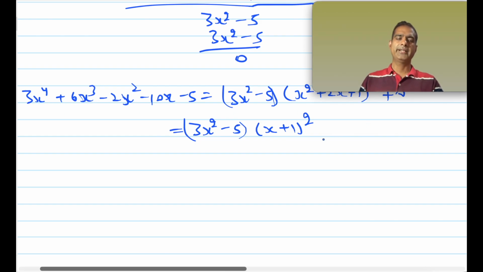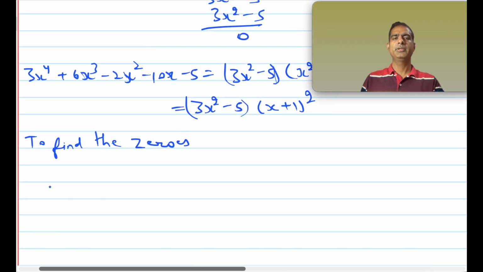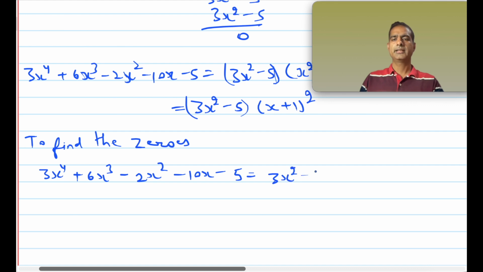And if I have to find out its zeros, we have to equate it to 0. So 3x to the power 4 plus 6x cube minus 2x square minus 10x minus 5 will be equal to 3x square minus 5 times x plus 1 whole square is equal to 0.